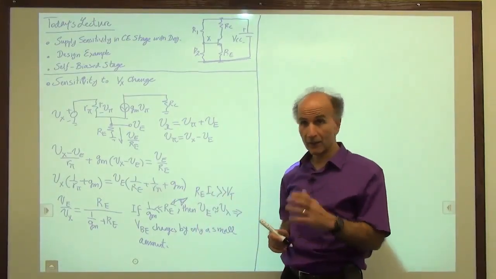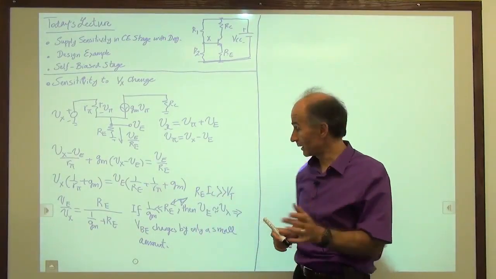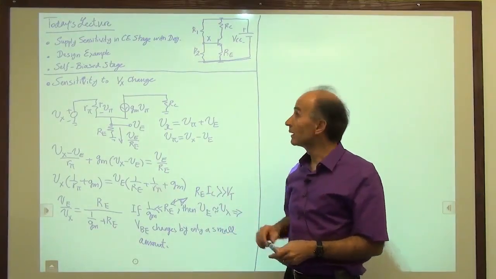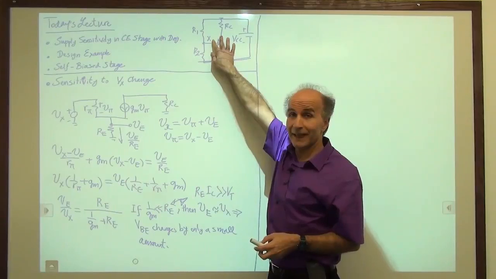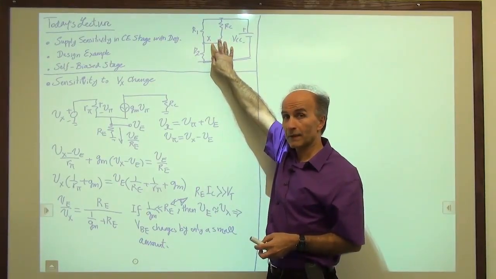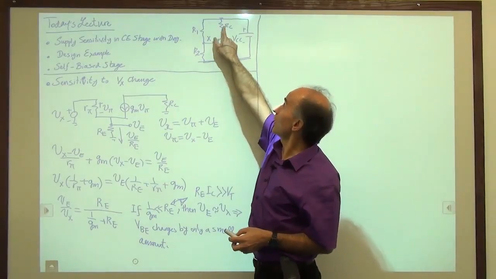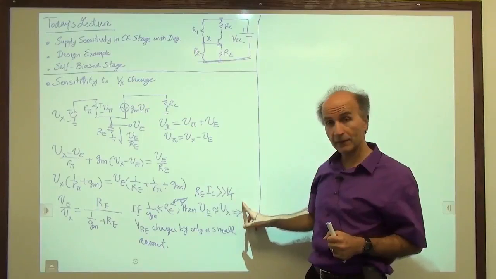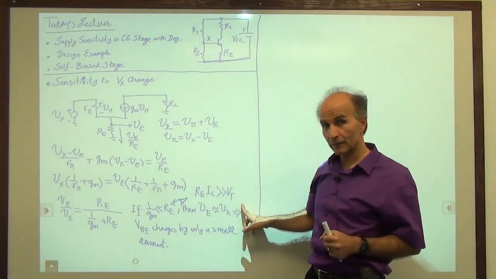And interestingly, and not very coincidentally, this equation is the same as what we had before for the gain of the stage. If you remember, the gain of the stage was reduced to minus RC over RE in the special case when this condition held.